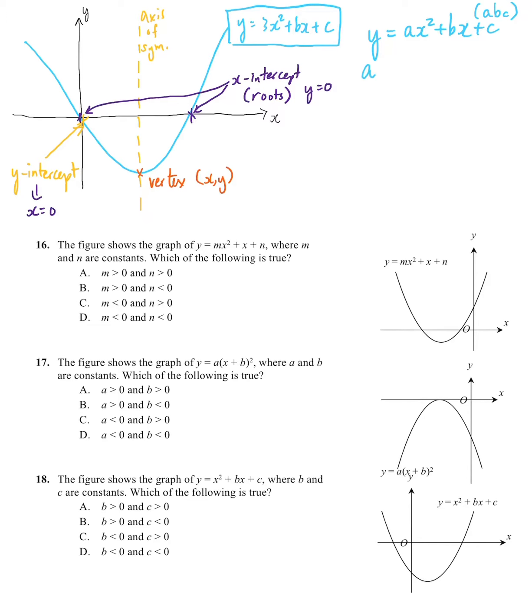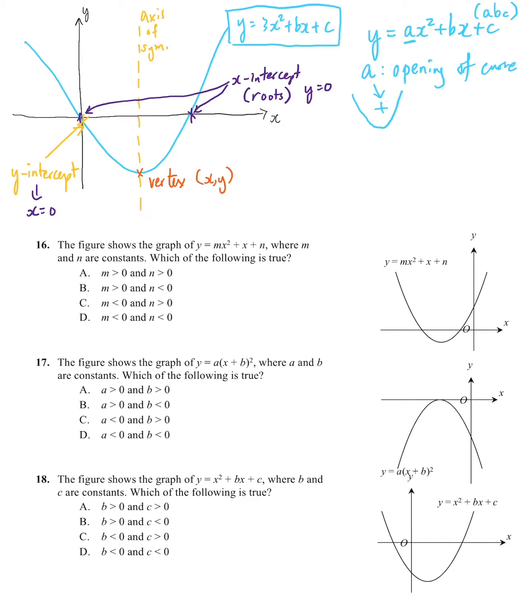First of all, the a value tells us how the curve is opening. If it's opening upward like so, it's like a happy face, and the value of a is a positive value.